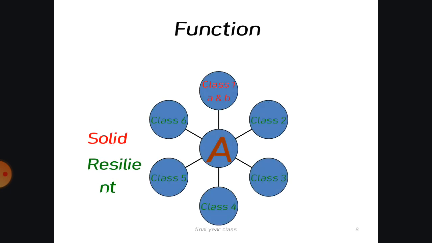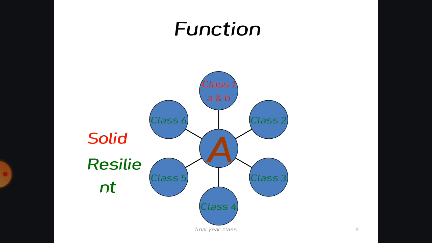So class 1 has two parts, A and B. Class 2 is resilient; from class 2 to class 6 it will be resilient, whereas you don't have any resiliency with class 1A and B. So class 1A and B based on function is rigid. Class 1A is rigid, class 1B is rigid with a lock. Class 2 is resilient.